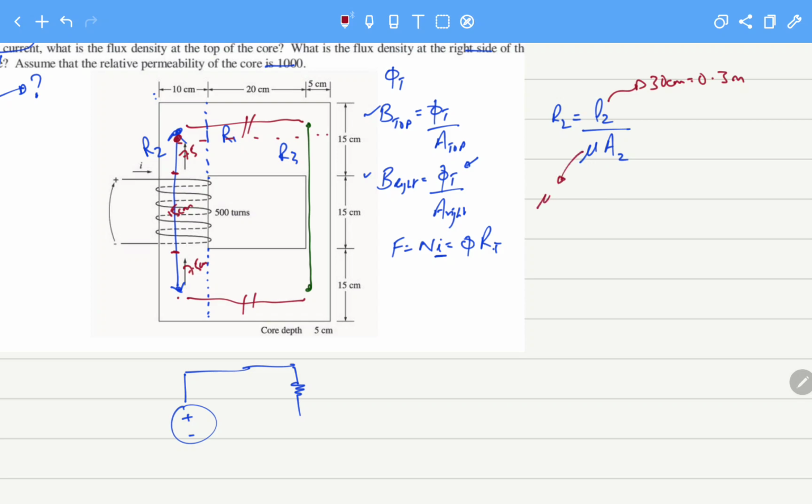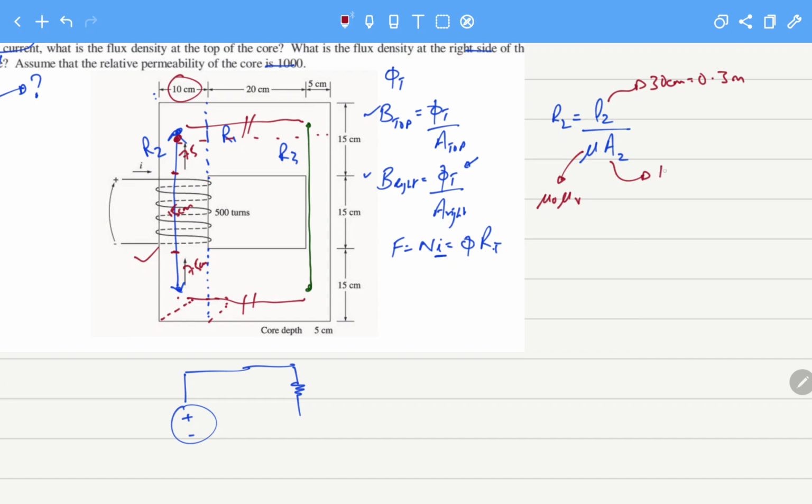Mu is mu naught into mu r. Mu r is 1000, mu naught we know. And about the area A2, the depth into the core is 5 centimeter, and the width of the left side is 10 centimeter.